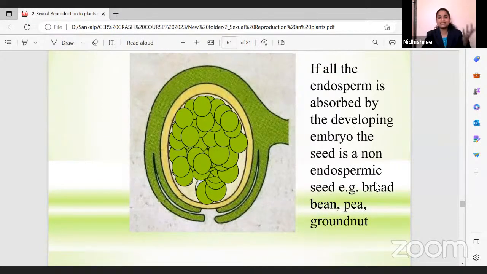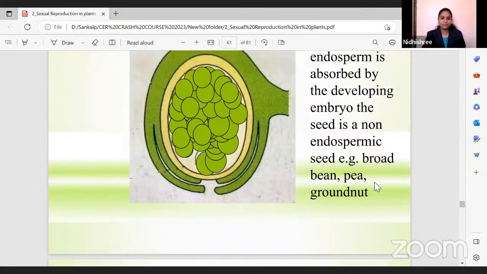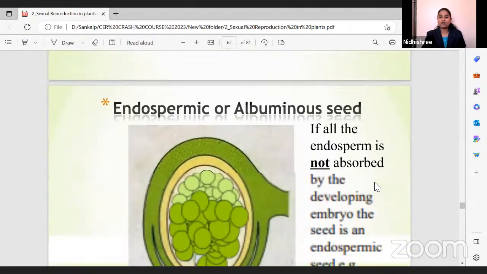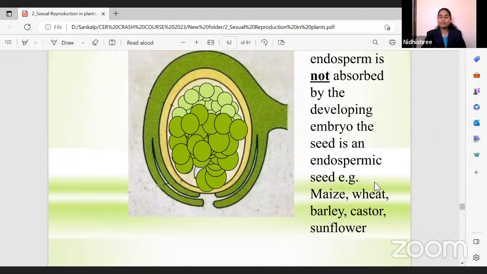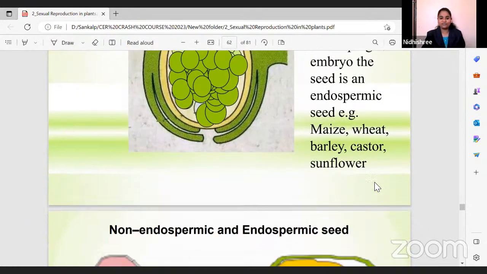That means after the seed forms, it has no endosperm tissue or nutrient in it. Next, endospermic or albuminous seed. If all the endosperm is not absorbed by the embryo developing into seed, those are called albuminous seeds. Examples are maize, wheat, barley, castor, sunflower.